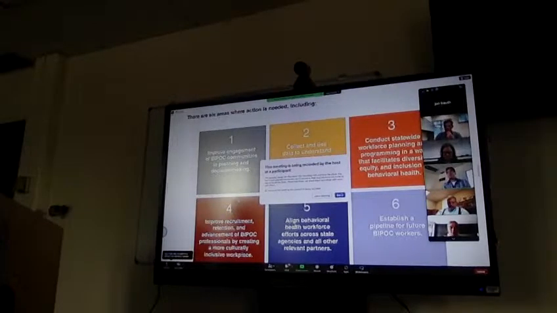And we'll see a lot of that coming out. And report 3 and finding the main areas where there are needs across Ohio, where there's high need, and then even as far into the rural areas where we still know there's need, it just might be a different percentage of need. 3, in the orange, we wanted to conduct statewide workforce planning and programming in a way that facilitates diversity, equity, and inclusion in behavioral health.